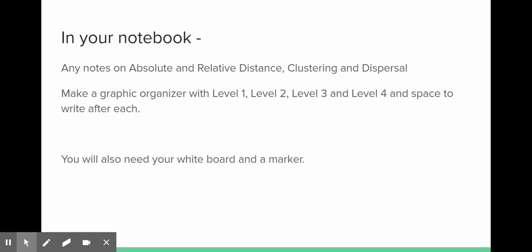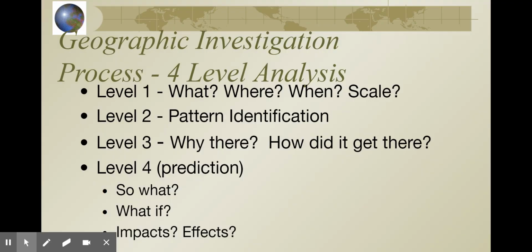Then write down level 1, level 2, level 3, and level 4 in your notebook, and leave yourself some space to write after each. You're also going to need your whiteboard and your marker that you got in your materials.